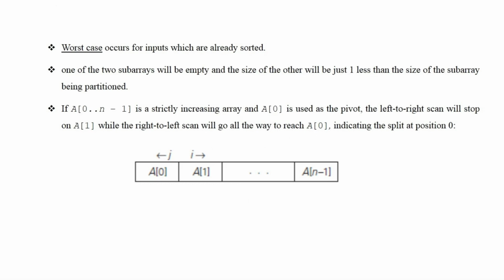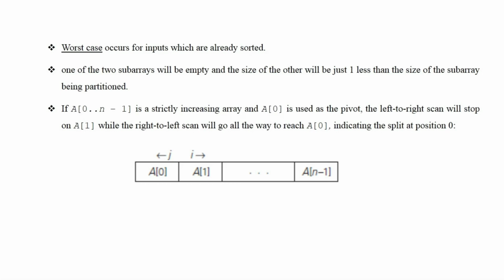The worst case for the quicksort is when the inputs are already sorted. In this case, when we have an already sorted array as the input, one of the two subarrays will be empty and the size of the other subarray will have only one element less than the main array, that is whatever subarray was being partitioned.